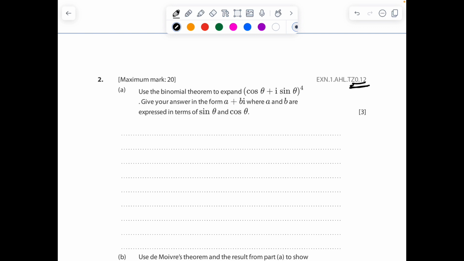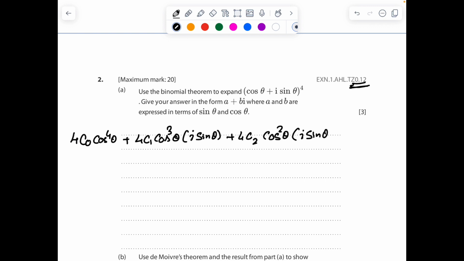So what am I going to do? 4C0 cos to the power of 4 theta plus 4C1 cos cube theta times i sin theta plus 4C2 cos squared theta (i sin theta) squared plus 4C3 cos theta (i sin theta) cubed plus 4C4 (i sin theta) to the power of 4.